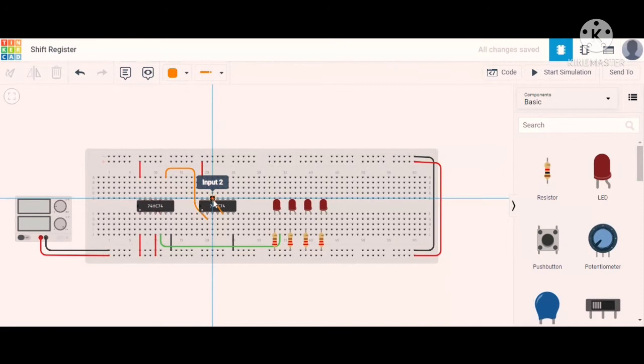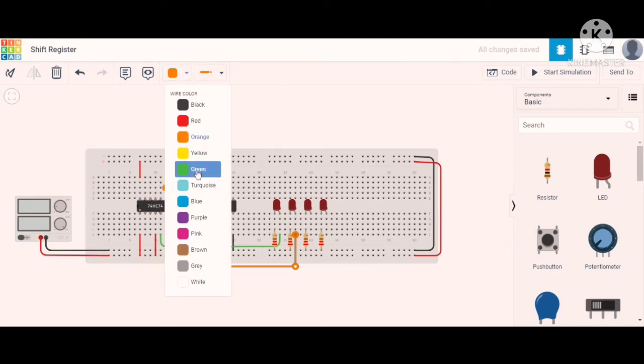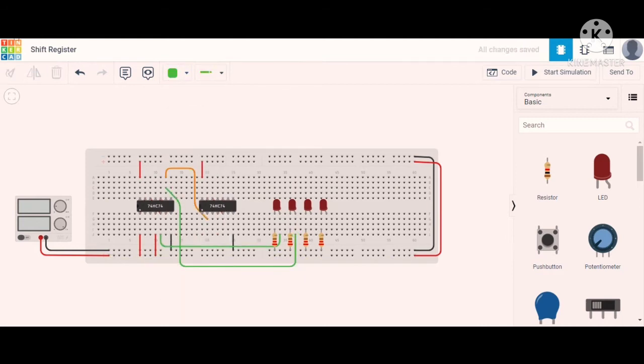So now we make the connection. This one is the output of the second, we also connect the output of the second to this LED, and for the output we are using the green color wire.